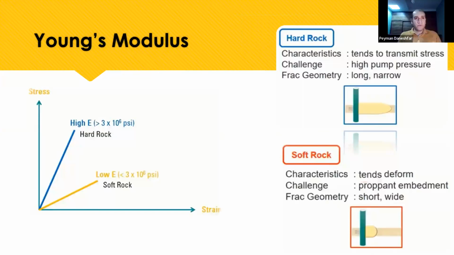Again, I want to show you what I told you before: for hard rock, with a high Young modulus, the rock tends to transmit the stresses, requiring high pump pressure, and then our fracture geometry will be long and narrow, okay? But as you can see in the picture, a soft rock tends to deform, with challenges for proppant embedment, and the fracture geometry is short and wide.